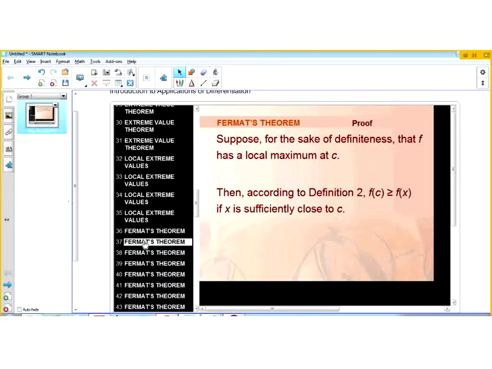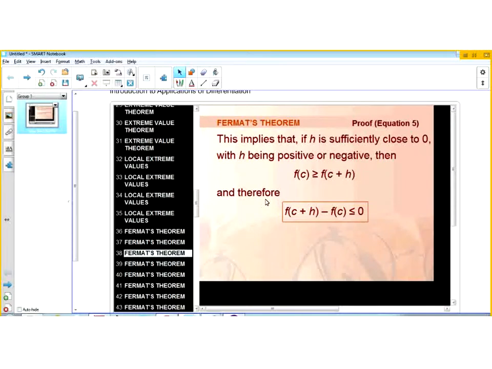Right, so suppose that f has a local max at x equals c. Then according to the notion of a local max, the output at c must be greater than the output at any x when x is in the neighborhood of c. So here we go using kind of an epsilon delta or difference quotient technique.